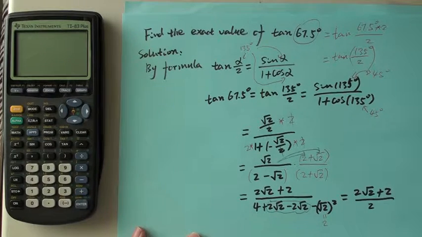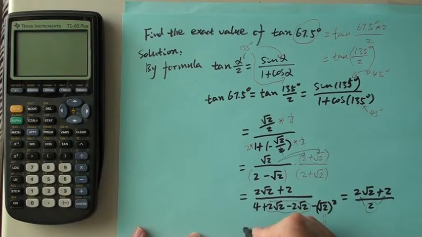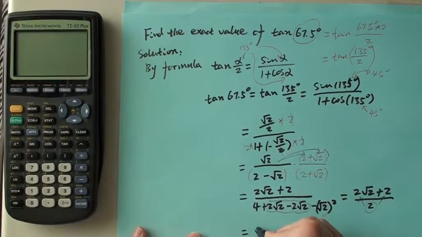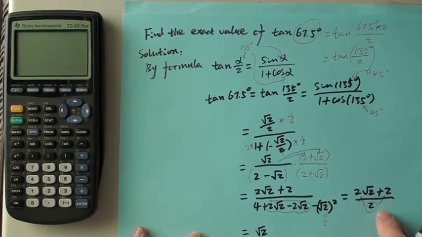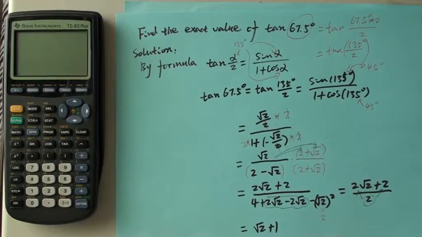Now this 2 divides everywhere upstairs, by the distributive property. So 2 radical 2 divided by 2 is radical 2, and 2 divided by 2 is 1. Here will be our final answer. Please review this lecture. I will see you next time.